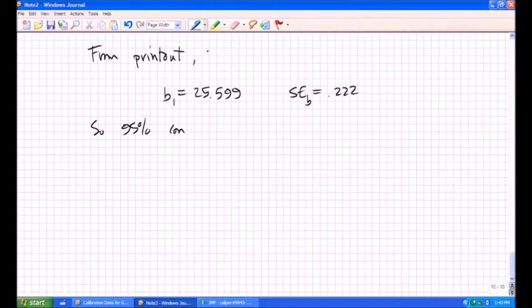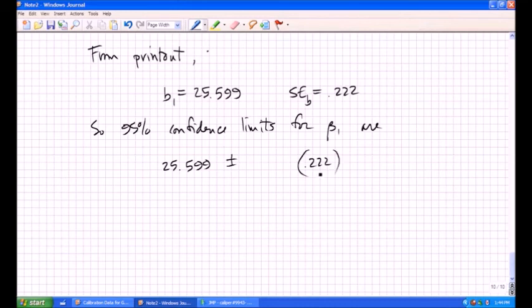95% confidence limits for beta 1 are going to be 25.599 plus or minus a t-value times 0.222, and the t-value is going to be 2.093, and what is that?